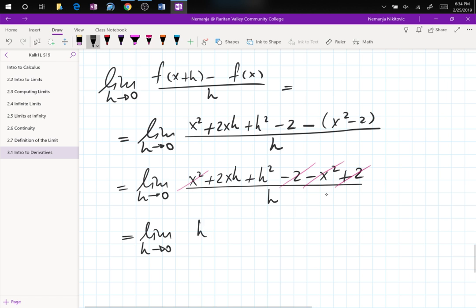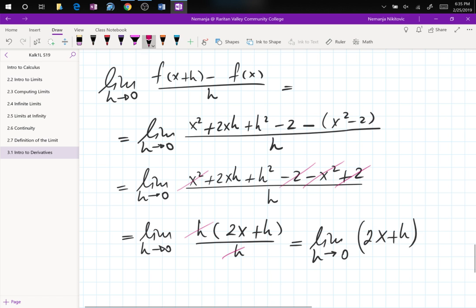So factor out h: 2x plus h over h, and now finally the h in the denominator is gone. As soon as that is there, we have the limit h goes to 0 of 2x plus h. This is where h goes to 0, and we get 2x as the answer.